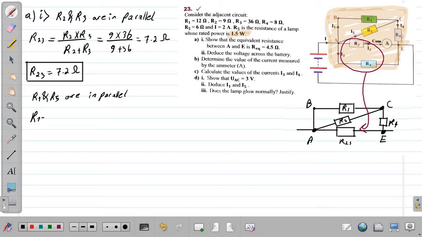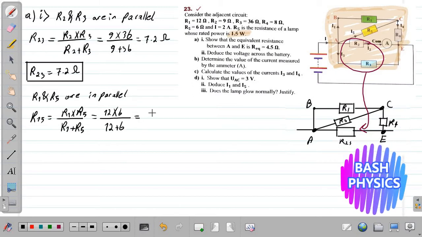Also R15 is equal R1 times R5 over R1 plus R5, equal 12 times 6 over 12 plus 6, which is 4 ohm.